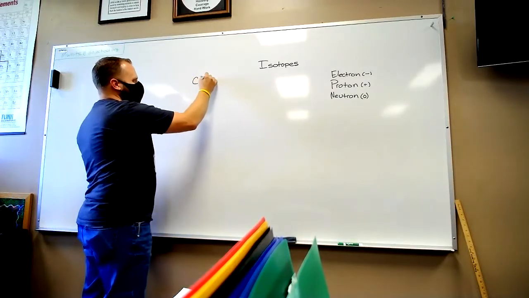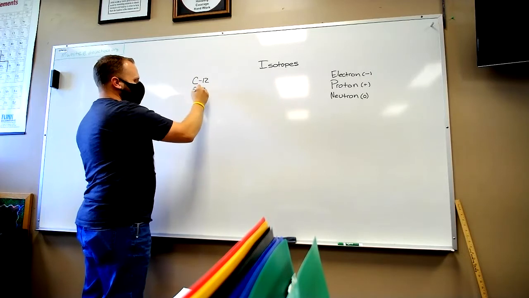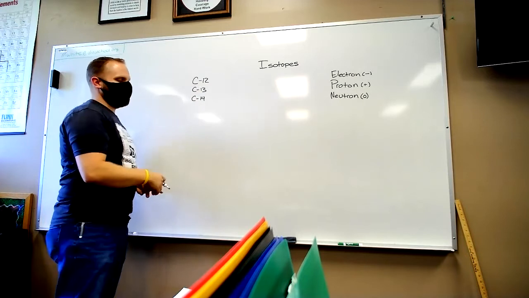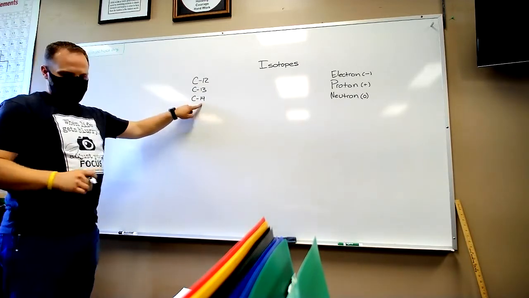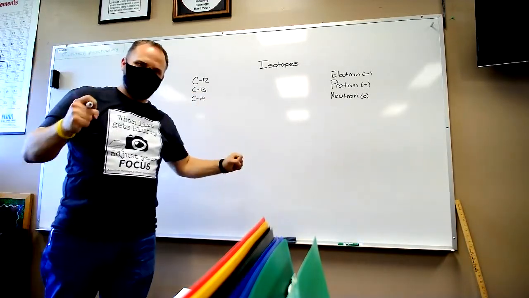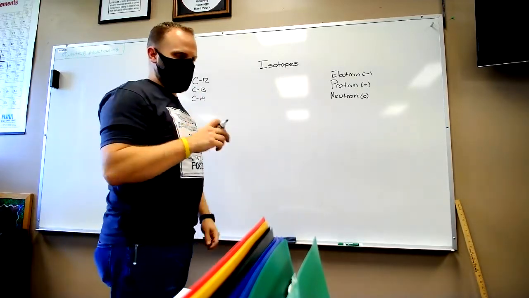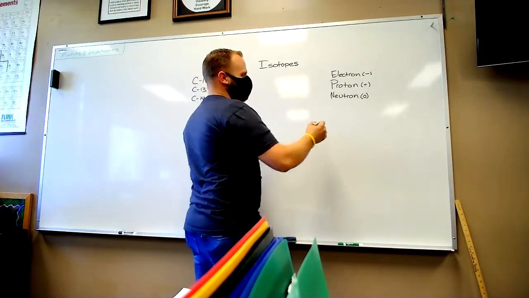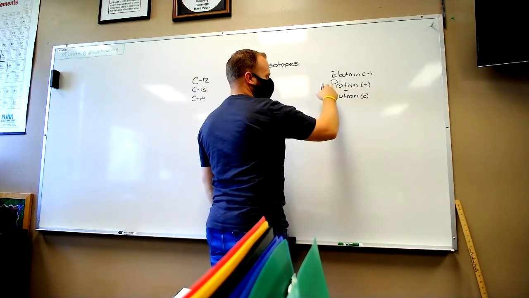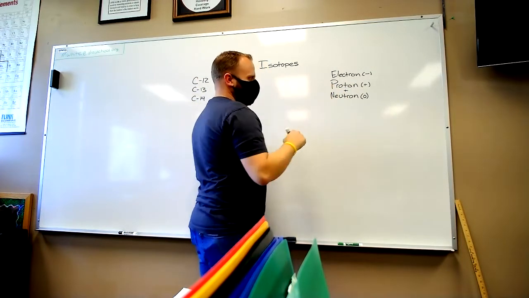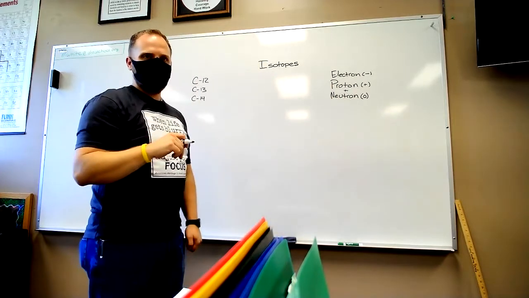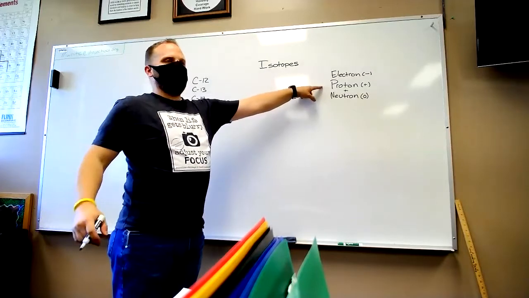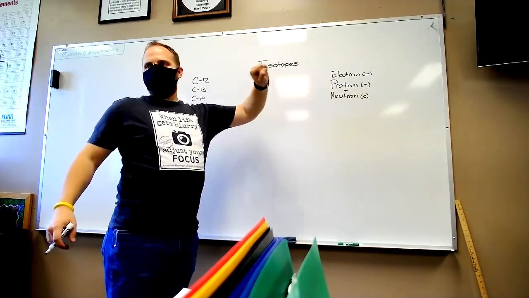We have carbon 12, carbon 13, and carbon 14. And what these numbers represent is the mass number. Okay? The mass number we get by adding how many protons we have and how many neutrons we have. Okay? That's all it is. The mass number is how many protons you have plus how many neutrons you have.